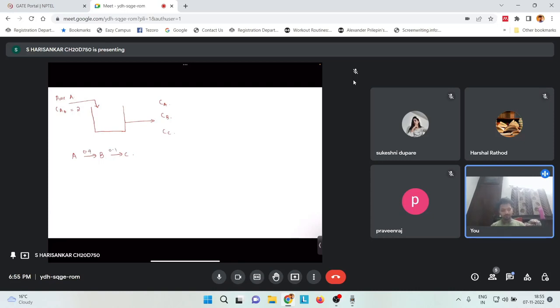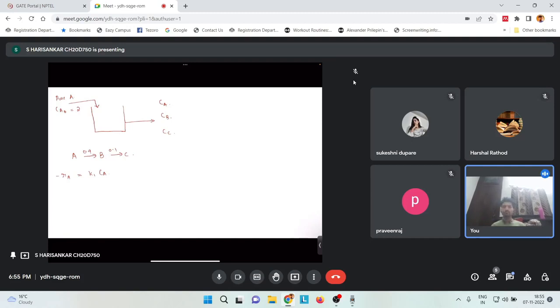Now in a series reaction, for the rate of reaction of A, we can have the equation as K1Ca, because these are elementary reactions. So these are first order series reactions, and we can write the rate of consumption of A as minus Ra, that is equal to K1Ca.